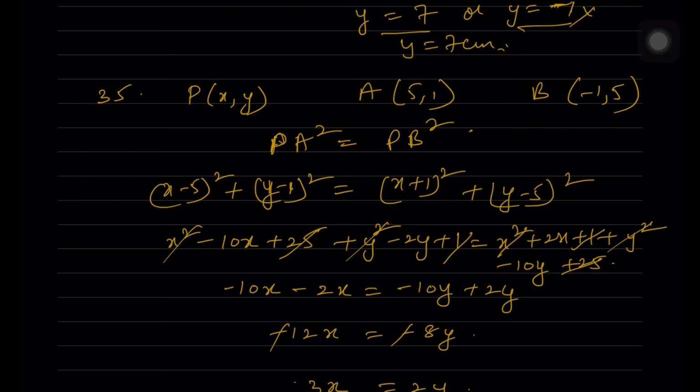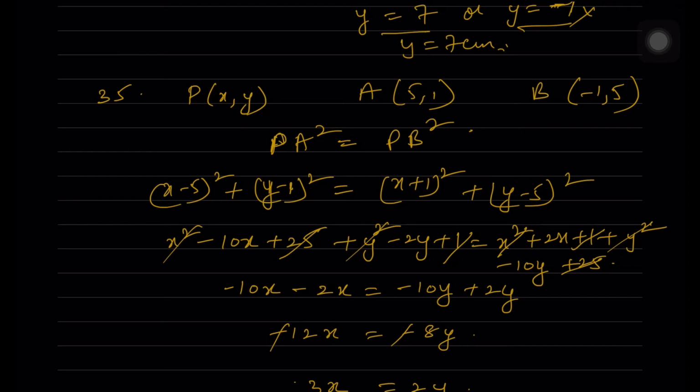So you're getting x square minus 10x plus 25 plus y square minus 2y plus 1 is equal to x square plus 2x plus 1 plus y square minus 10y plus 25. So cancel all the like terms on both sides. I am left with minus 10x minus 2x. I am bringing all the like terms to one side.